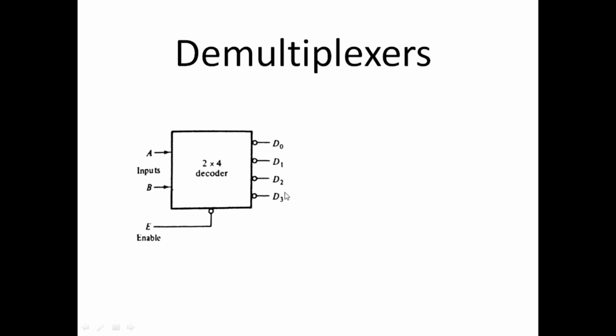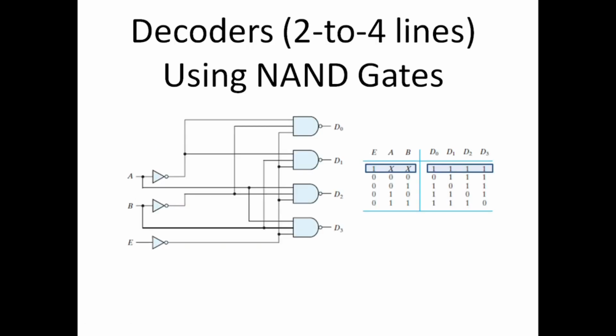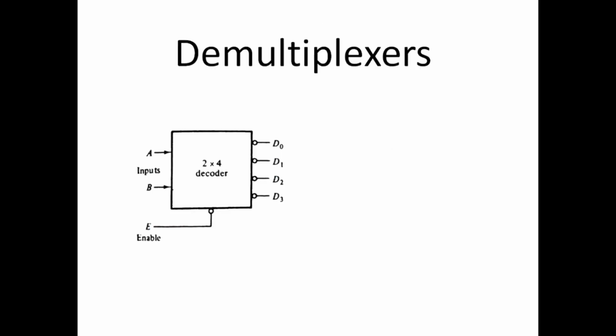These are the 4 outputs. There is an enable. This circle shows the inverter. So this is the same 2 to 4 line decoder shown here. So this is the detailed version of the 2 to 4 line decoder, and this is the block diagram of the 2 to 4 line decoder.